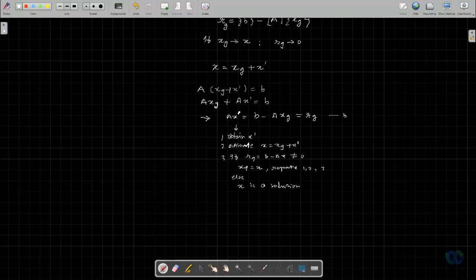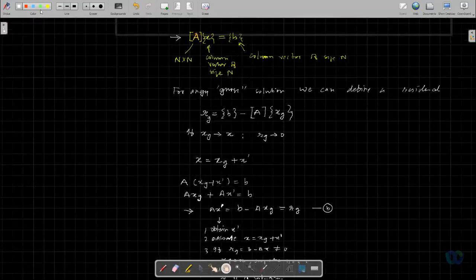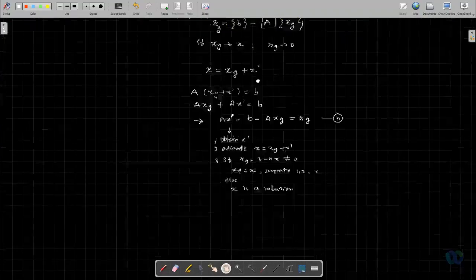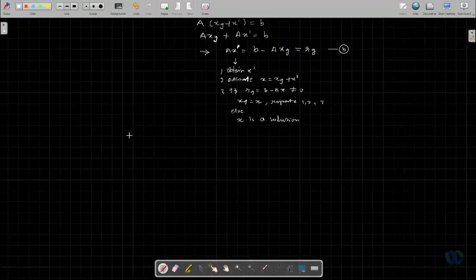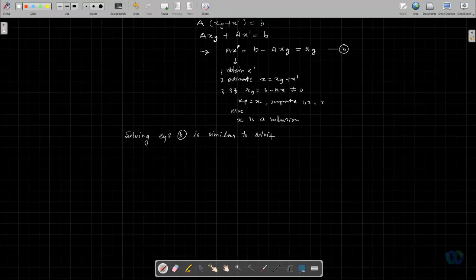solving this equation, call it equation B, is similar to solving equation A. We get the solution, but the worry now is about the method of solution.